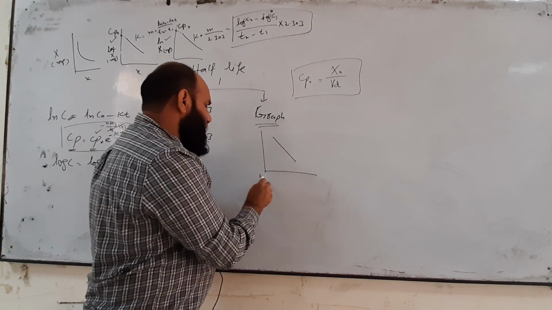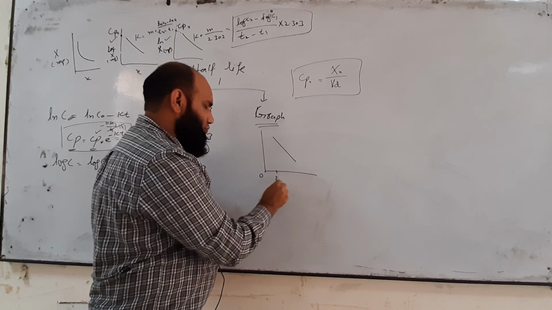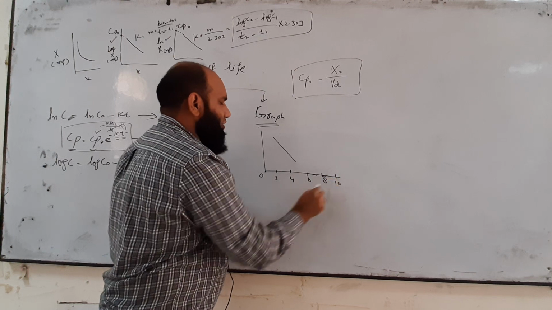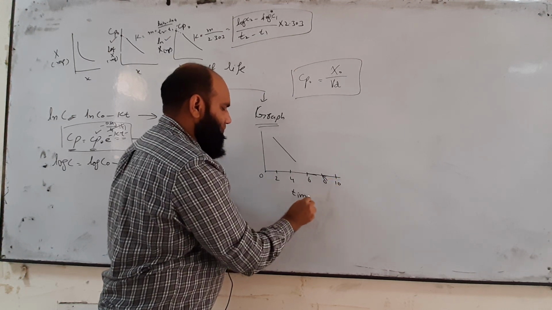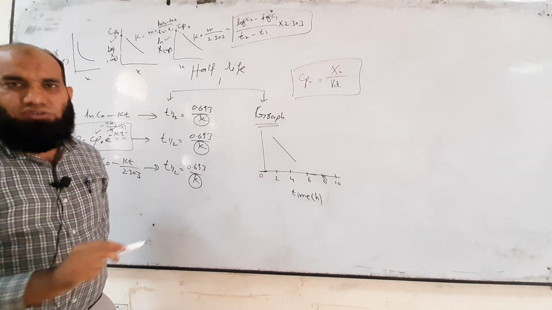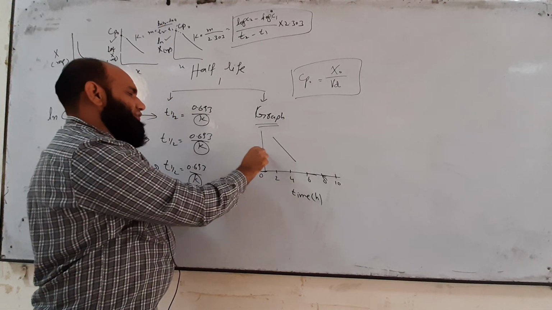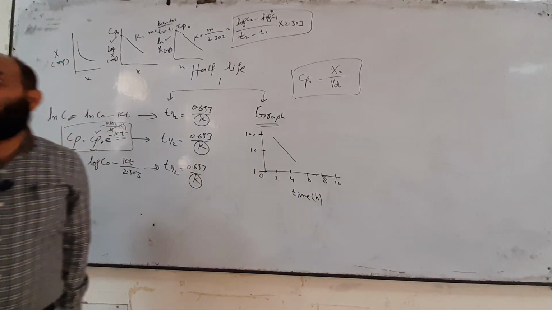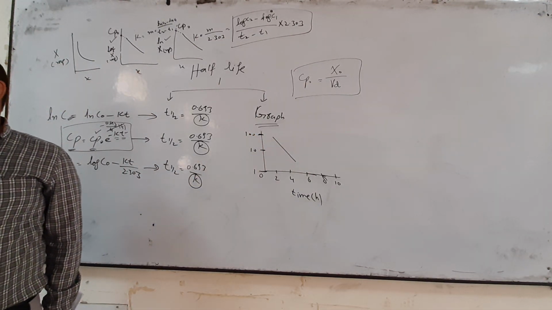For example, we have a scale 0, 2, 4, 6, 8, 10 hours. It's time. And we have a scale of the concentrations. Start with 1, next is 10, next is 100. It is a log scale, semi-log graph.